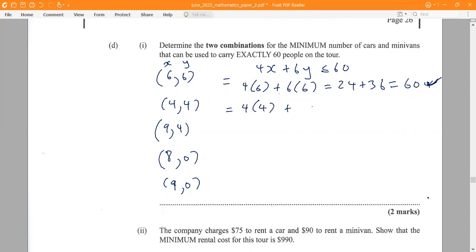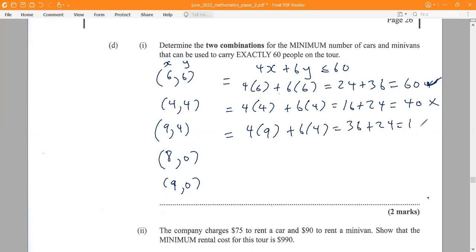So 6 times 4 is 24, and 16 plus 24 is 40, which is unacceptable because we want exactly 60 people. So we eliminate that possibility. 4 times 9, x is 9, plus 6 times 4, so we get 36 plus 24, which is exactly 60. Yes, this is one that we want to keep.